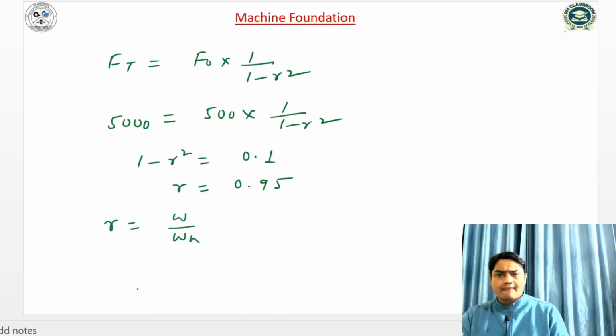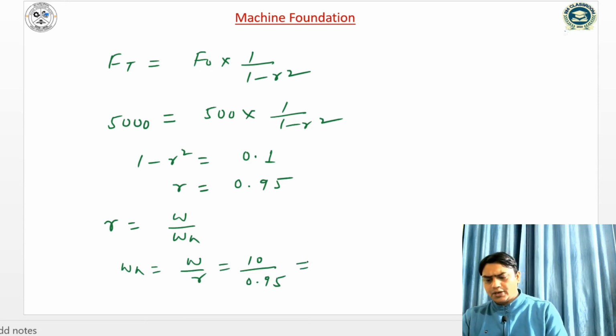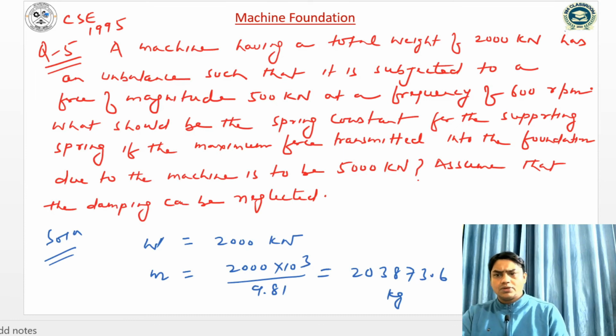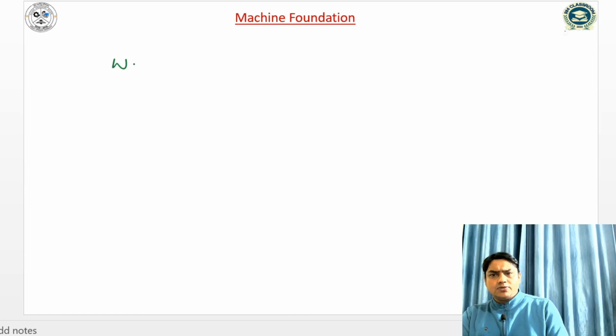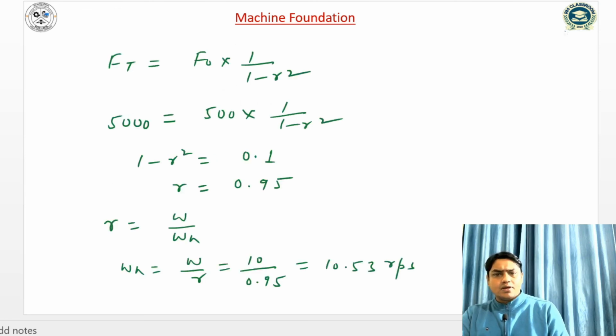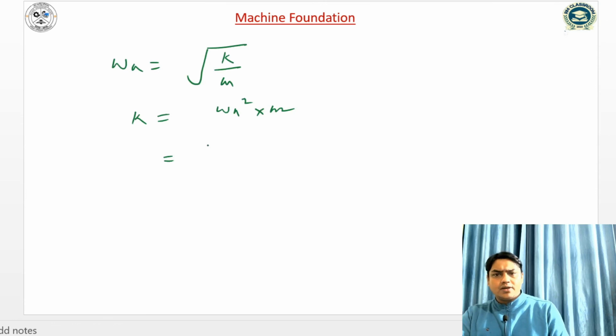So here omega n is equal to omega by R, so 10 divided by 0.95, so it will be 10.53.